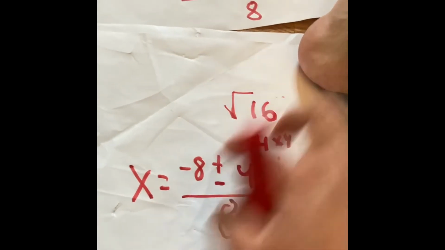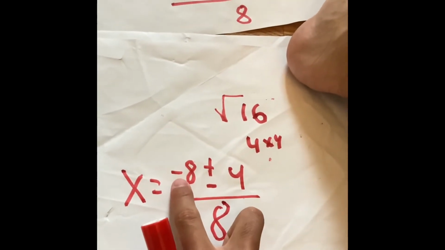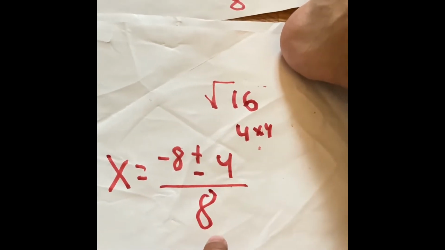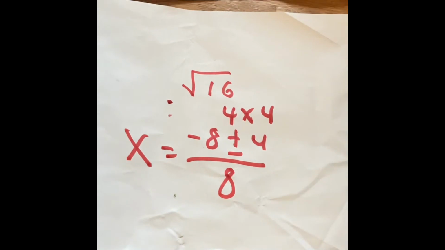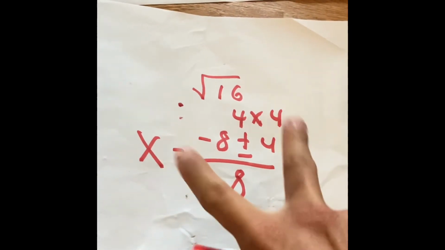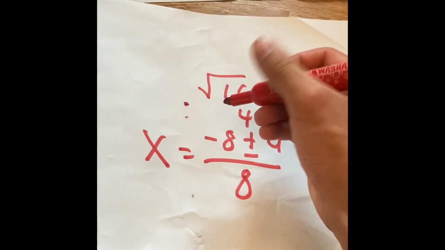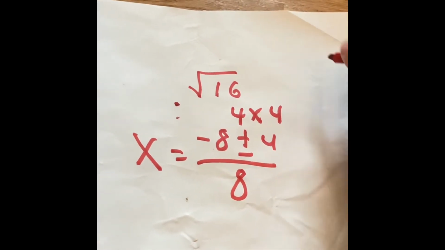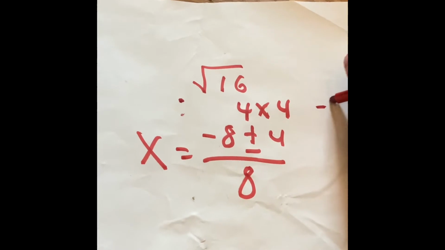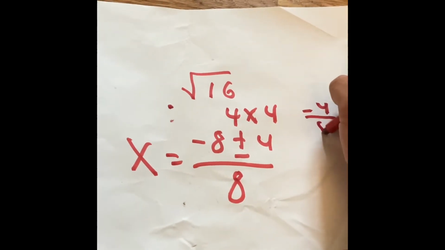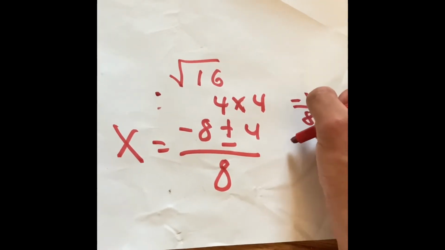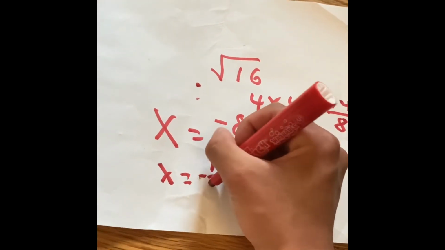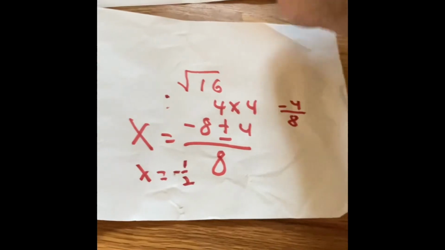Since we have three numbers, a negative b, a non-square root, and a divisor, we can now find out what our two x variables are. So we have negative 8 plus 4, which is negative 4. Divide that by 8, and we have x equals negative 1 over 2, or negative 1/2.